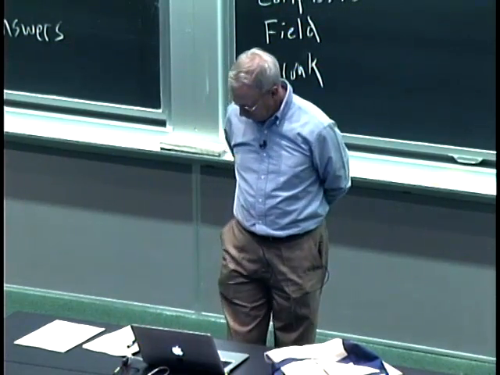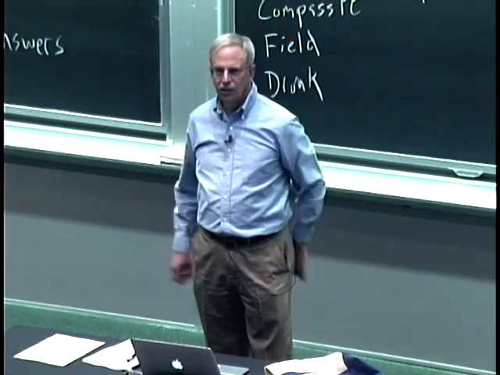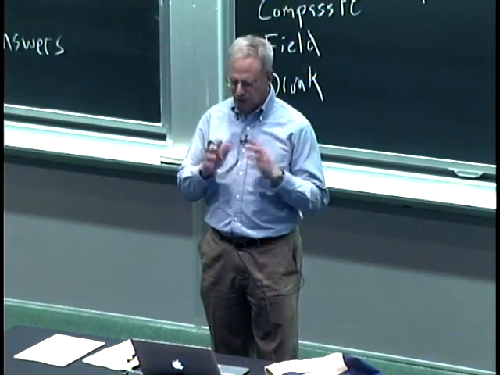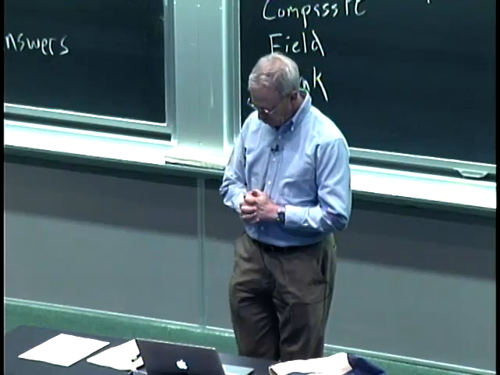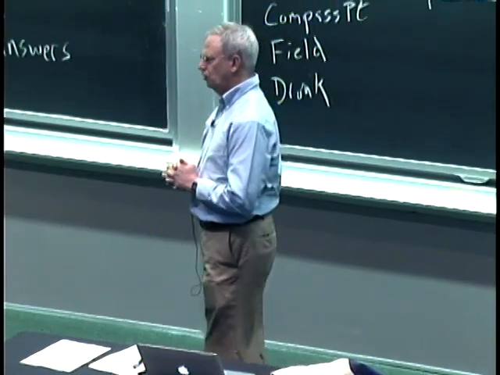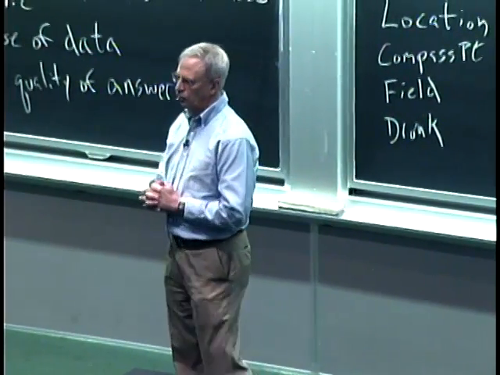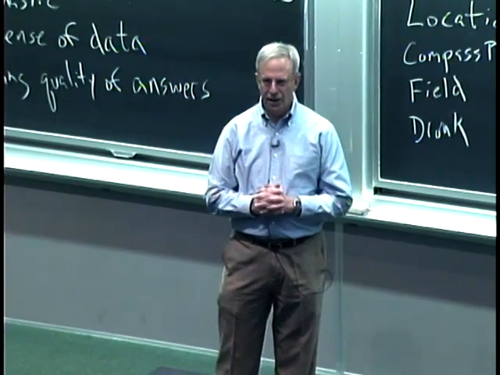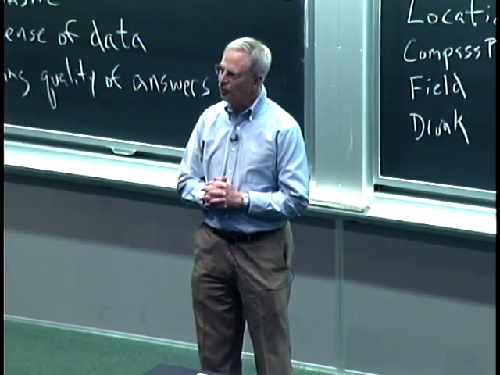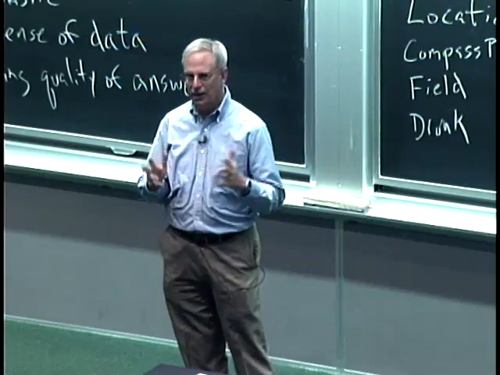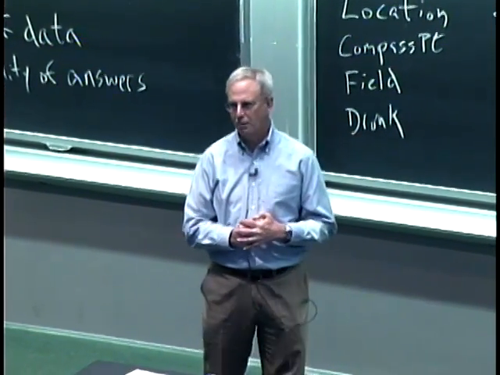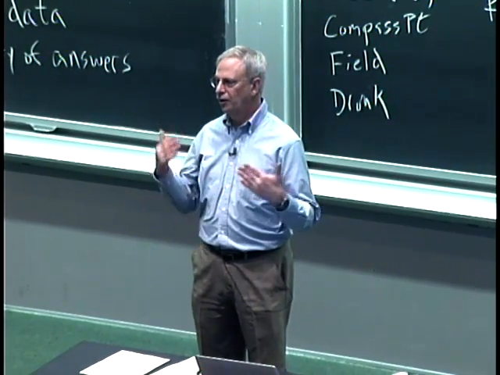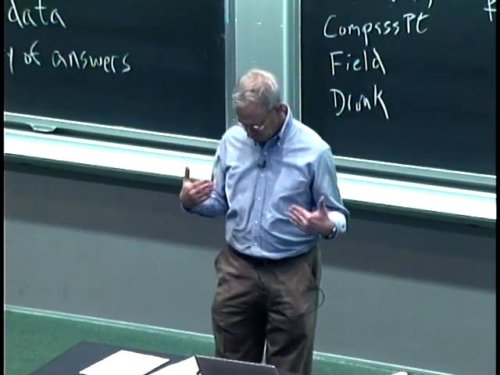before I get to field, I want to go back to something about the first two abstractions, compass point and location. Whenever we design one of these abstractions, we're making some things possible and some things impossible. We're making decisions. And so what decisions are encapsulated in these first two classes?